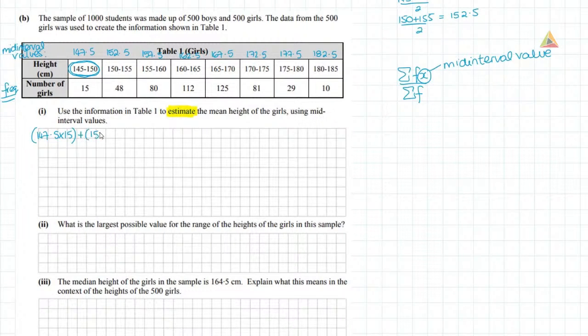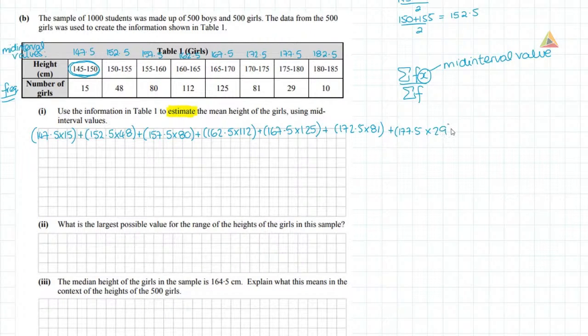So we're going to add that to the 48 students that have an average height of 152.5, and we'll add that to the 80 students that have an average height of 157.5, and there's 162.5, there's 112 students in that group, and the 167.5, we have 125 students in that group, and we have 172.5, so we have 81 students in that group, and we have 177.5 with 29 students in that group, and the last group there is 182.5, and we have 10 students in that group.